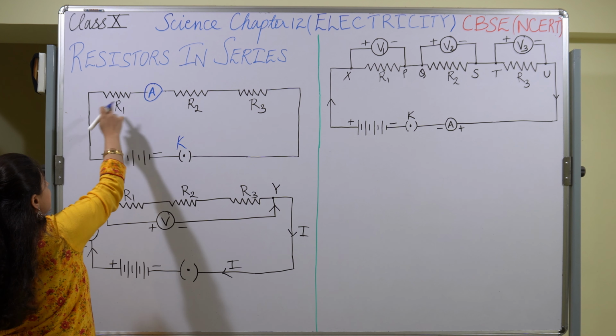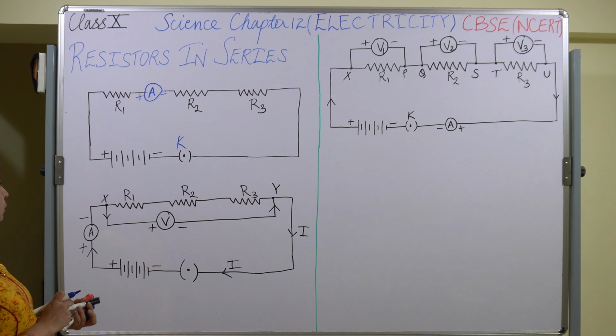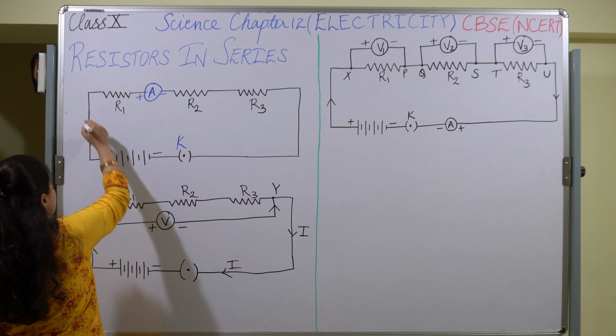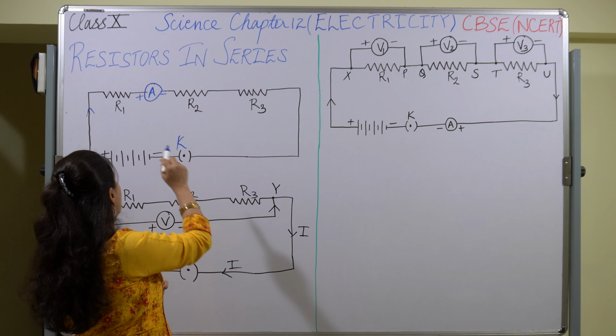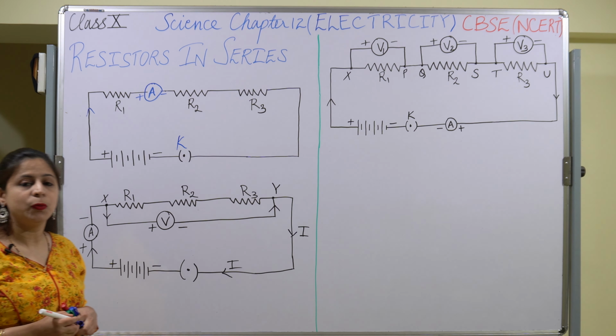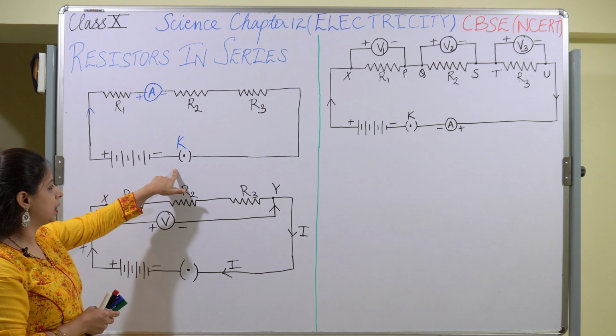Current is entering from here into the ammeter. Place the ammeter in between R1 and R2. Now again plug on the key.